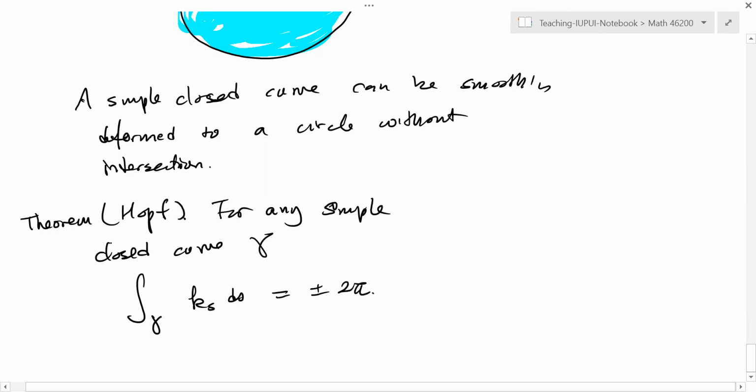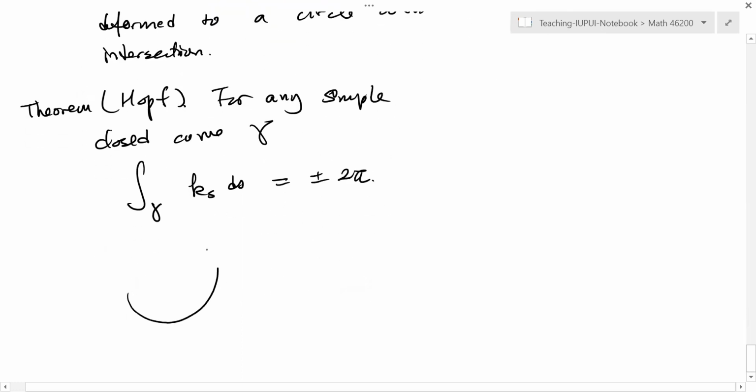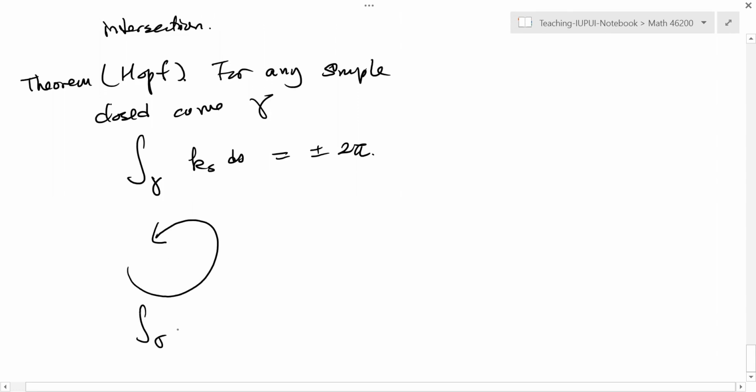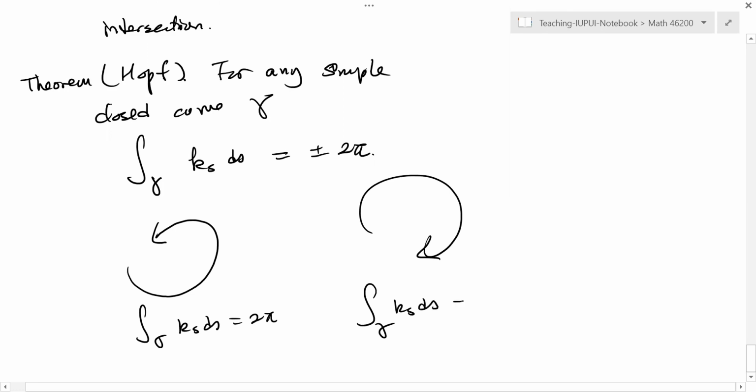It depends on the orientation. If it goes in that direction, the integral of k_s ds is positive 2 pi. If it goes in the other direction, then the total curvature is negative 2 pi.